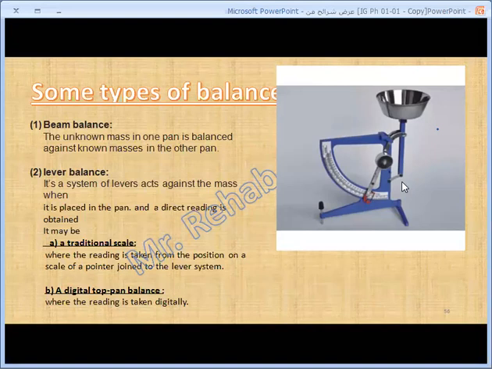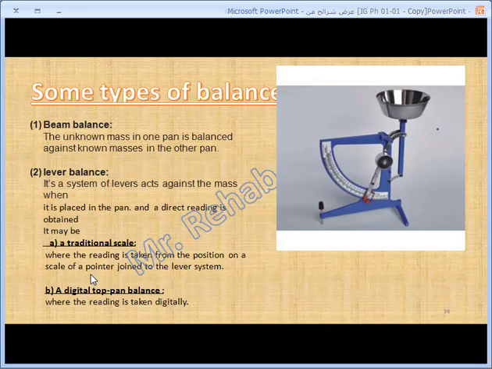This is called bathroom scales. So the scale is a kind of balance. This is the arm, the lever of the balance.